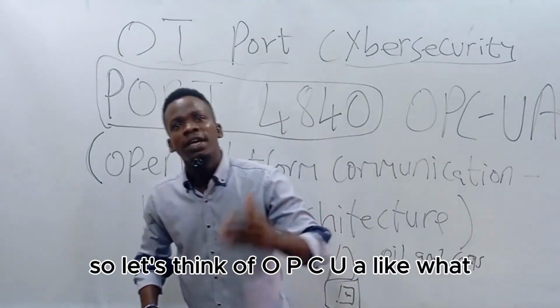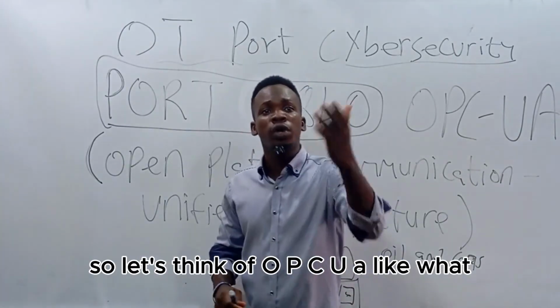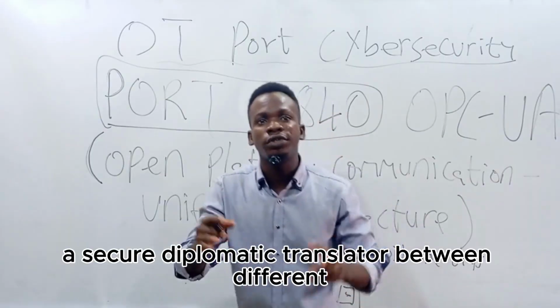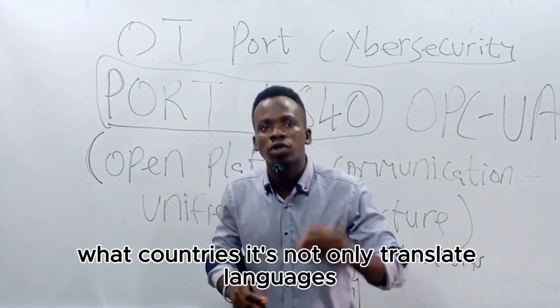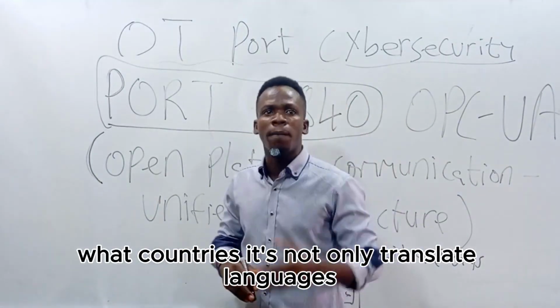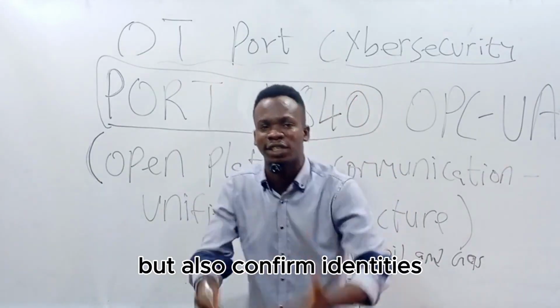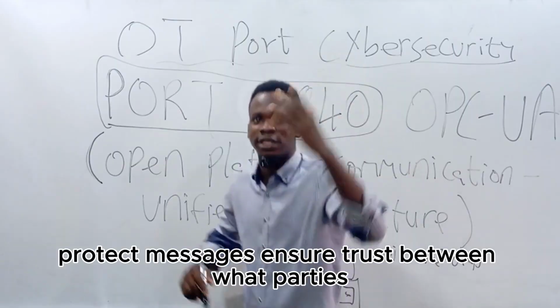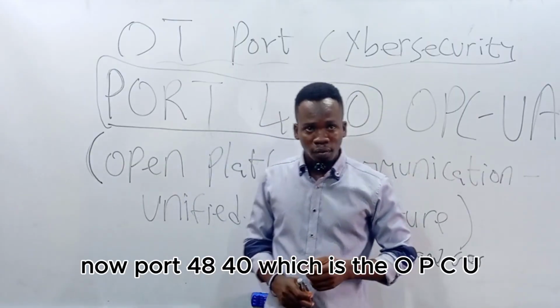So let's think of OPC UA like a secure diplomatic translator between different countries. It not only translates languages but also confirms identities, protects messages, and ensures trust between parties.